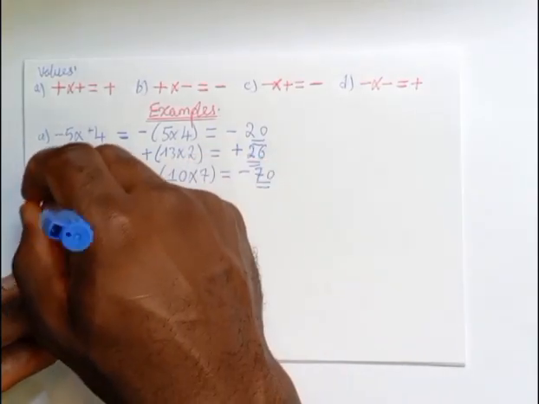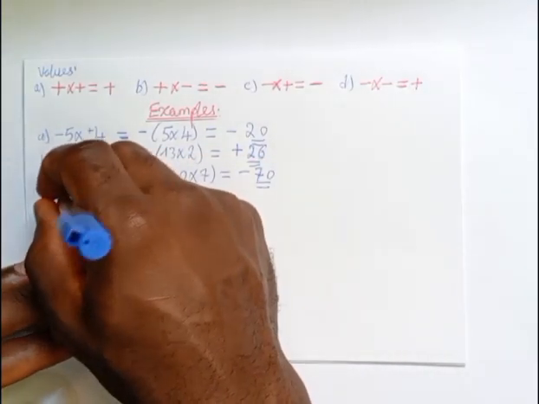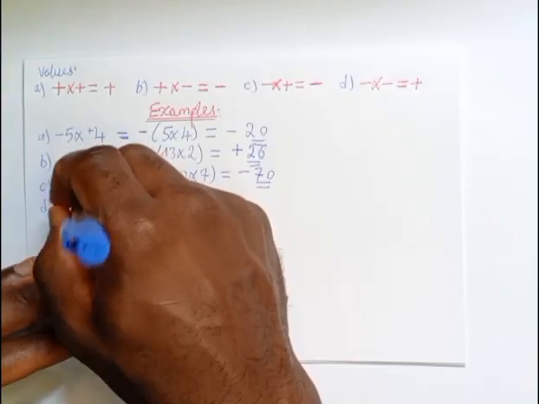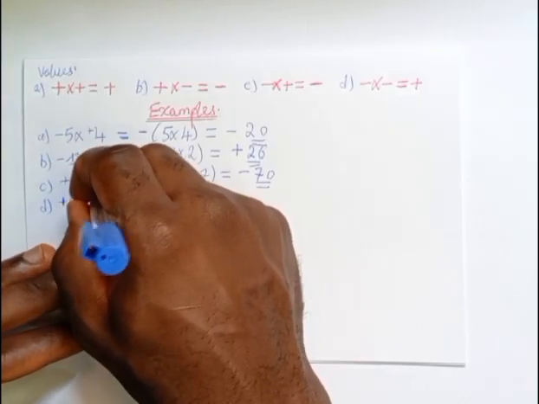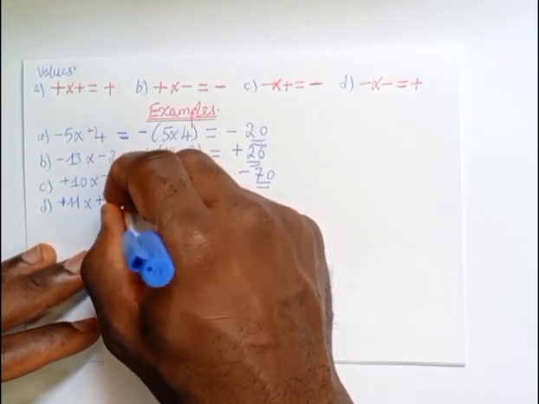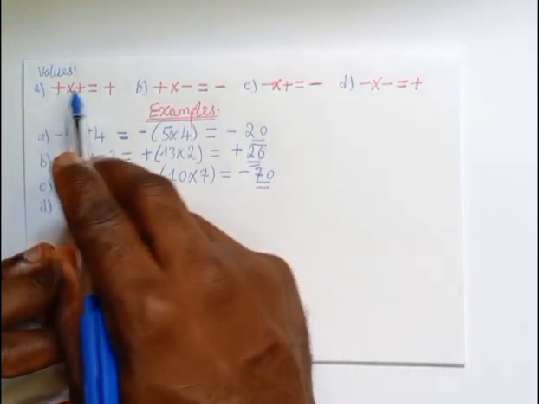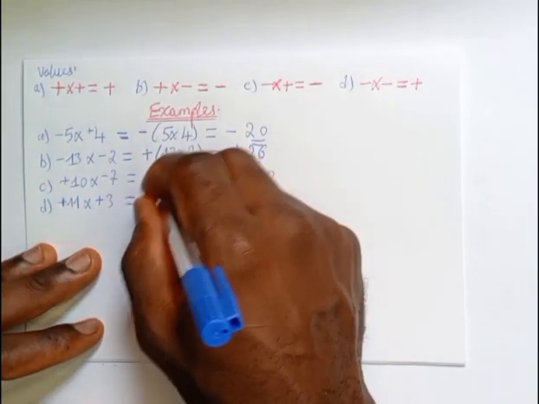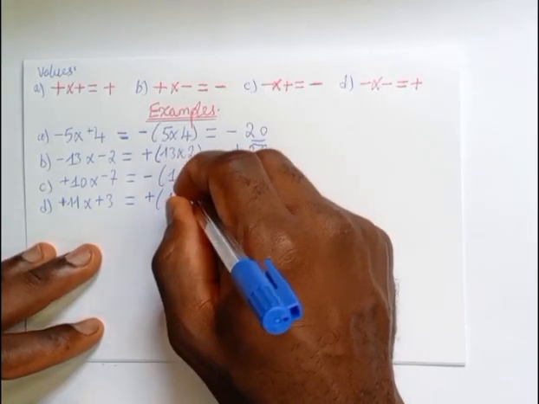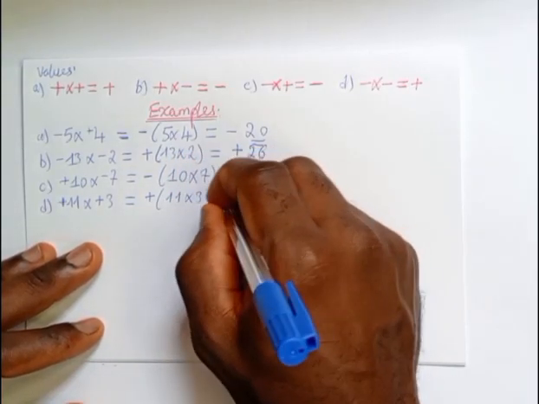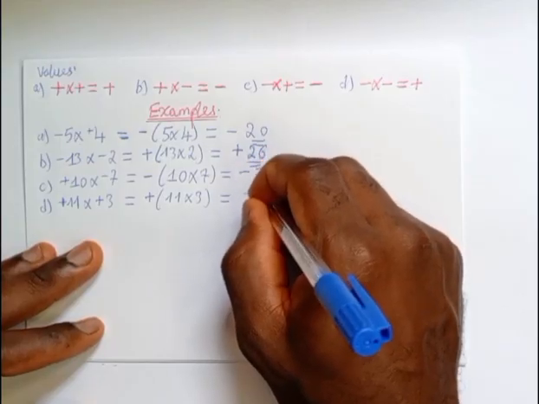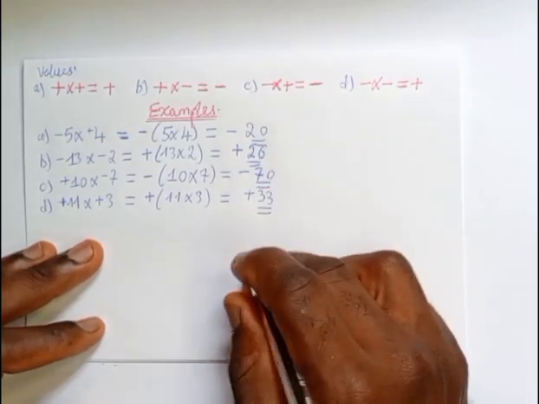We go to D. For D, we have a positive 11 times positive 3. This will simply be equal to, applying the sign rule, positive times positive gives us positive. Then we take the product of the absolute values, 11 times 3. This will be equal to positive 33.